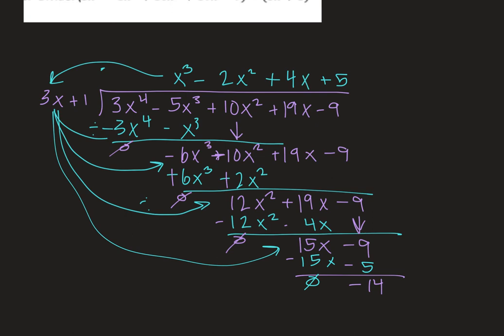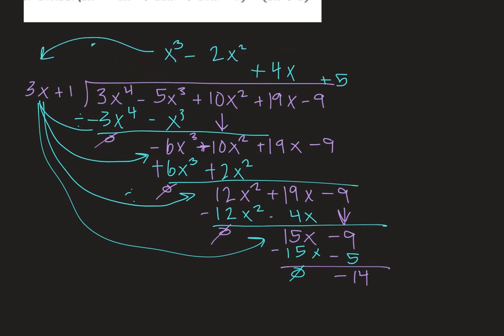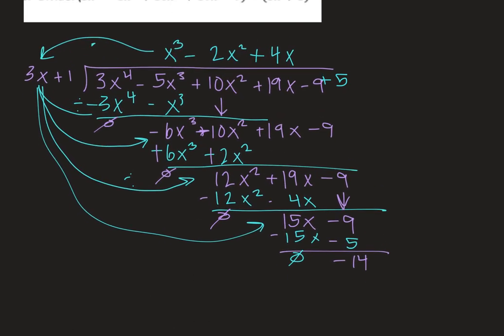Okay, so what we have to do is just write our final answer. So I'm going to write that down. We have our quotient, which is x cubed minus 2x squared, plus 4x plus 5.